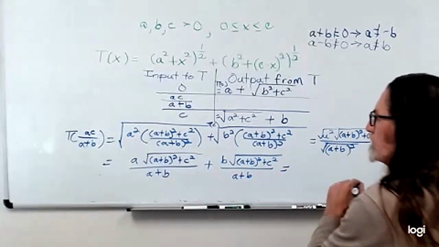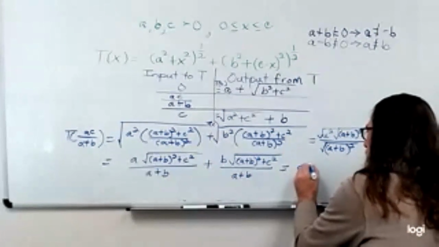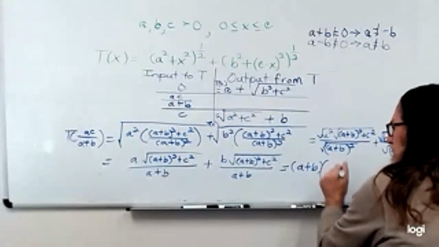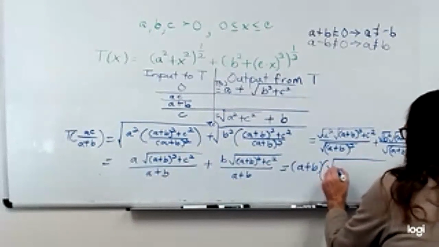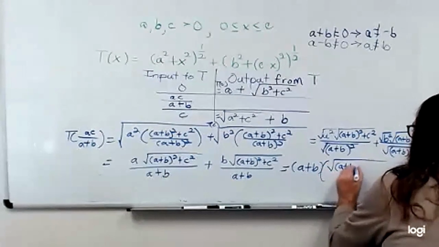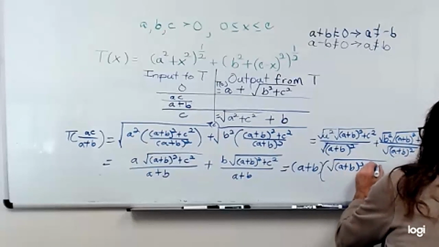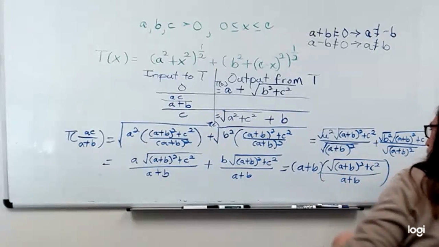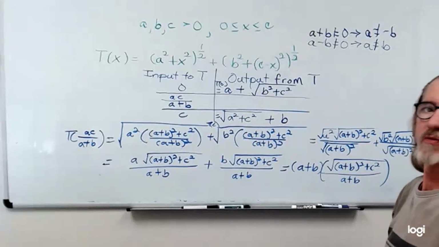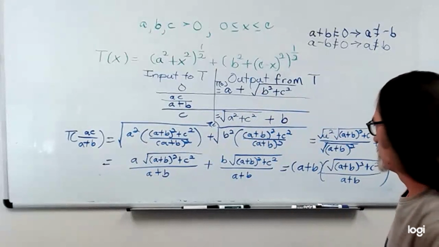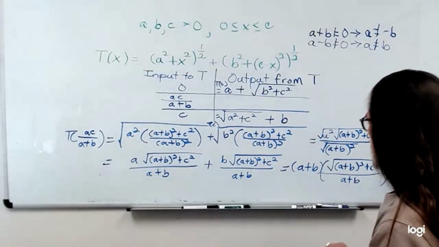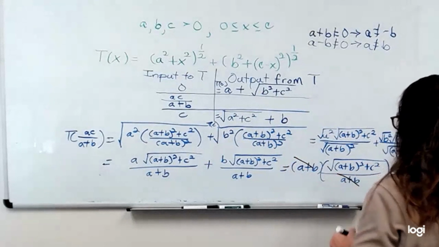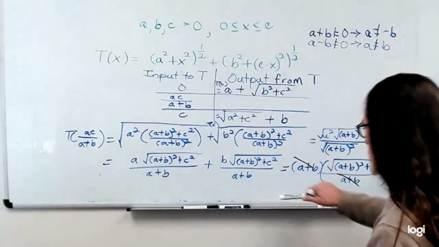I'm going to factor out those, and we'd be left with a plus b from here times this. Remember, we'd already mentioned that a plus b could not equal 0. These are going to cancel out.